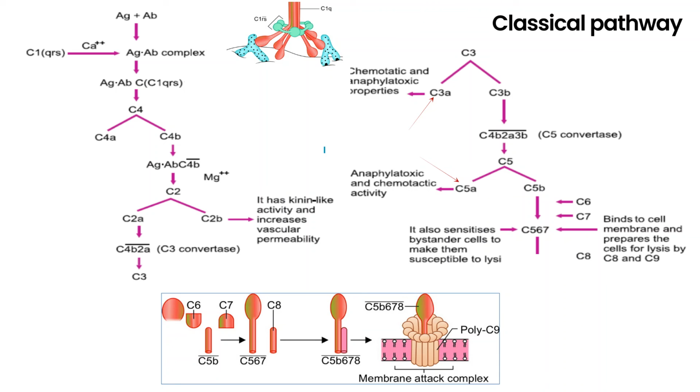They are frequently tested in exams, and they will never join the cascade. C2b has bradykinin like action, and that's why it is also a smaller molecule. So now you know the smaller molecules. Now what you have to do is just put the larger molecule to join the cascade, and that's how you remember the classical pathway. I hope that this is very clear.